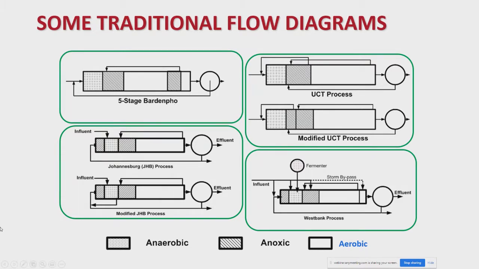This was followed by others like the UCT or Johannesburg processes, all developed to reduce the nitrate load to the anaerobic zone. By that time, we had about 10 plants already in operation, but by the time I came to design the plant in British Columbia, the Kelowna plant was actually the first one.